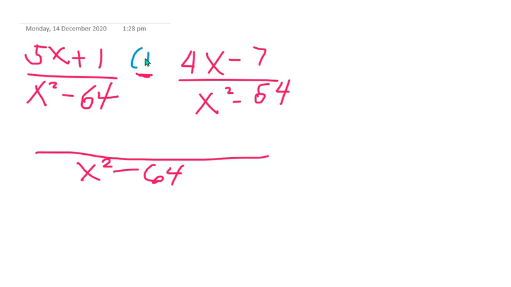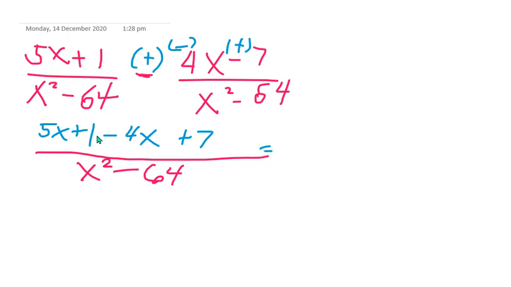You're going to change, and this now becomes negative, and this now becomes positive. So therefore, this is now equal to 5x plus 1 minus 4x plus 7. Okay? We copy the sign, and the operation now is addition.